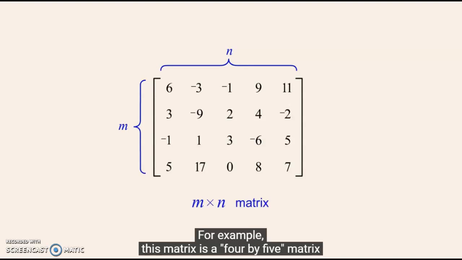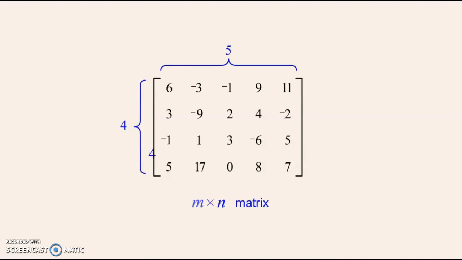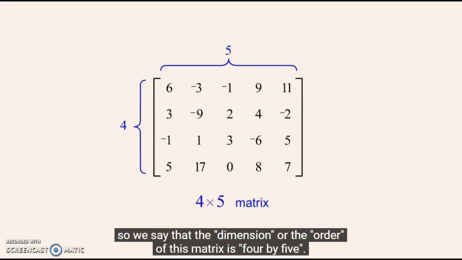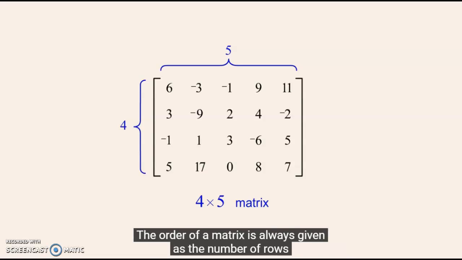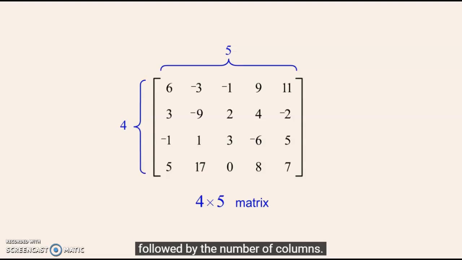For example, this matrix is a 4 by 5 matrix. So we say that the dimension or the order of this matrix is 4 by 5. The order of a matrix is always given as the number of rows, followed by the number of columns.